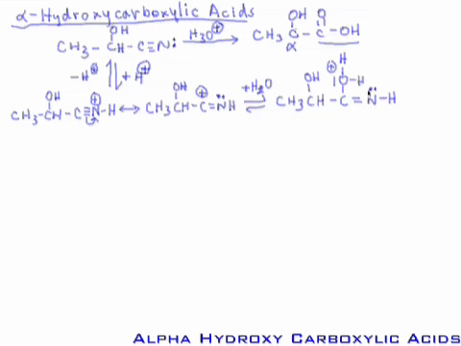And as you can imagine, we lose a proton off of the OH. Minus H plus. So you see all that we're doing is adding water and putting on protons and taking off protons. That's all so far. Nothing that difficult.